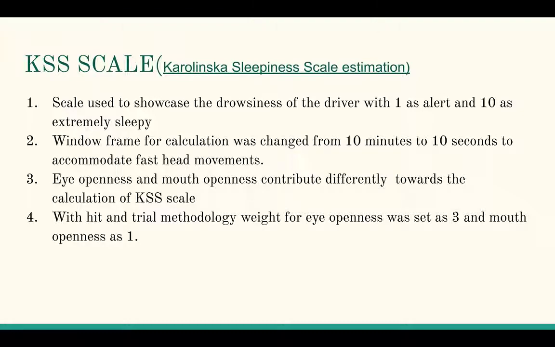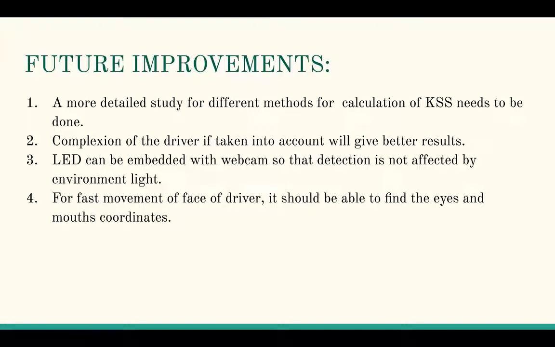So eye openness and mouth openness are used for the calculation of KSS, but both of these have different weights, as they contribute differently to the drowsiness of the driver. From the hit and trial method, the eye openness was set as weight of 3 and mouth openness was set as weight of 1. The future improvements in this project include different methods for the calculation of KSS, which need to be given a thought.